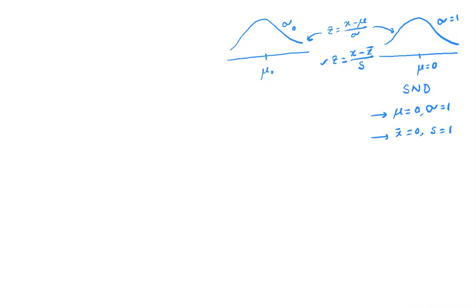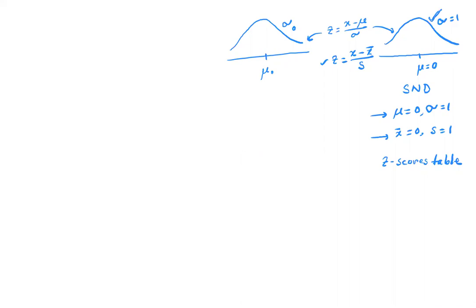Now, when you're looking up the z-scores table, what you are doing, you are in essence finding the probabilities associated with the standard normal distribution, okay?